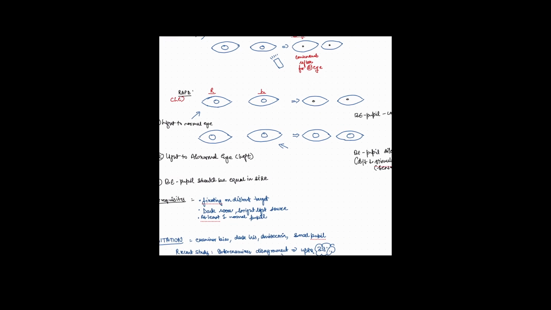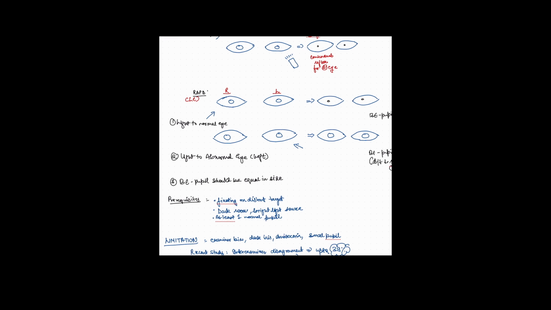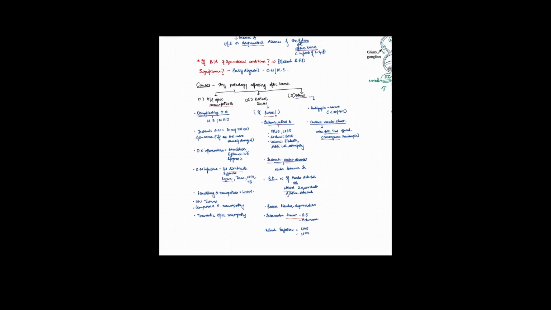So in RAPD, there are three conditions to be met. If I show my light to the normal eye, the normal eye afferent system is alright, so both eyes will constrict. If I show light to the abnormal eye, here the left eye, there is a damaged pathway, so both eyes will dilate, and both pupils should be equal. That is essentially what RAPD is.